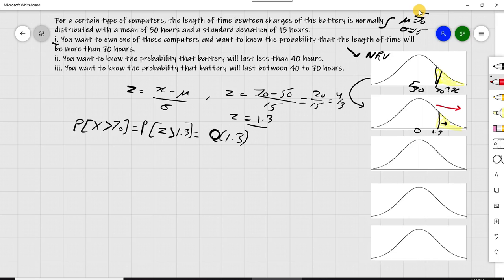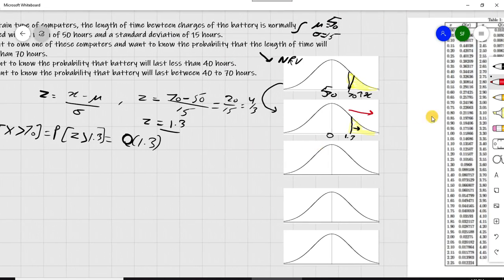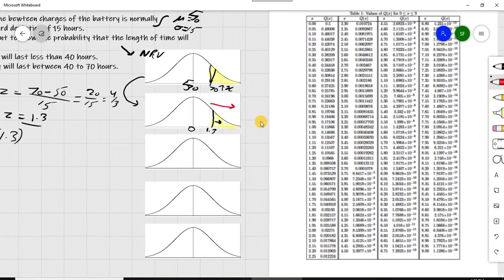So I'll look into the table now, so that I can find out this probability. I have this table over here. These are the values, and these are the probabilities after that point. I'm just looking for 1.3. This is the value of 1.3, and after 1.3, the probabilities that remain towards the right are equal to 0.0968.